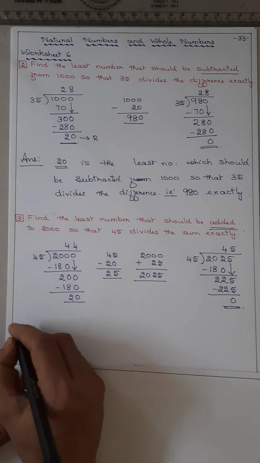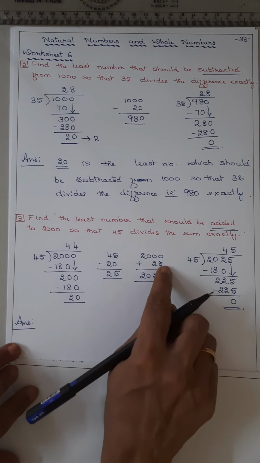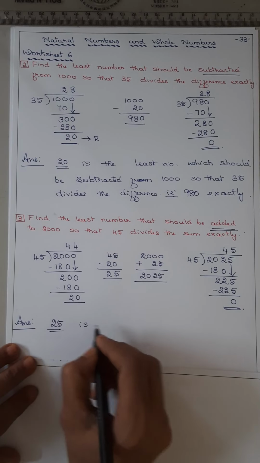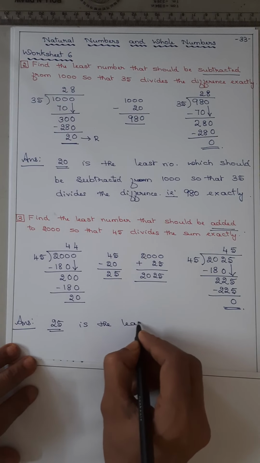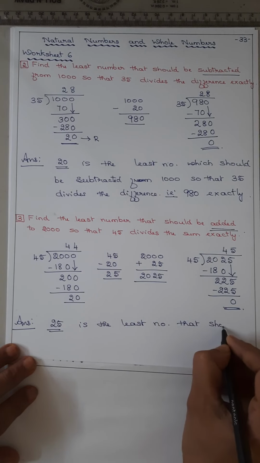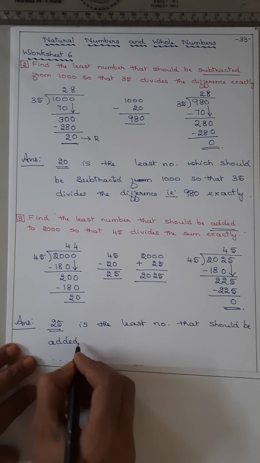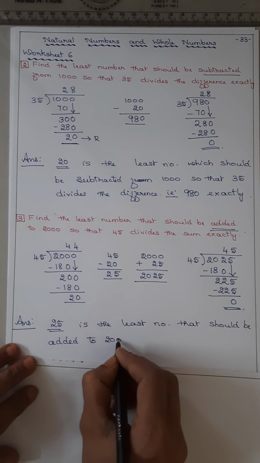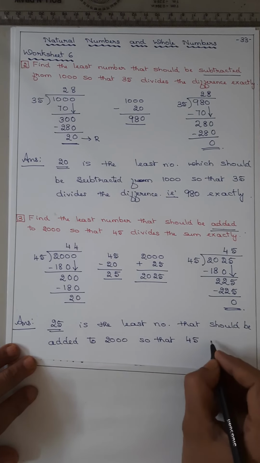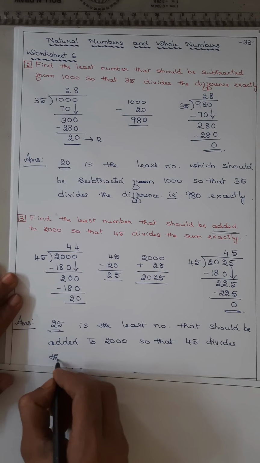So answer, which is the number to be added? कौन सा नंबर को ऐड किए? 25. 25 is the least number that should be added to 2000 so that 45 divides the sum.